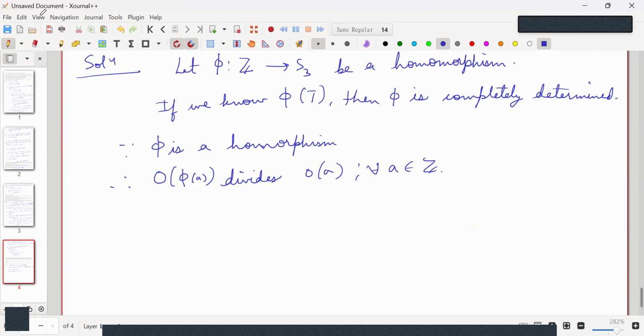And in fact, this is true for any group: if you have a homomorphism from G to H, then the order of a must be divisible by the order of phi of a.